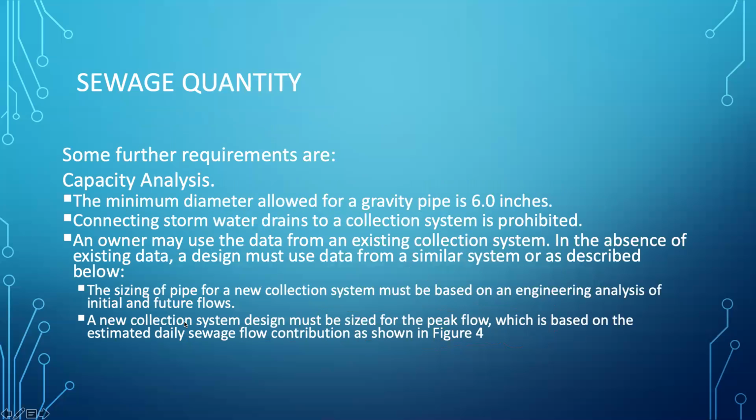Some further requirements are capacity analysis. In Texas, they've been nice enough to tell us what the minimum pipe size is, so we don't have to make a guess. So we start at 6 inches and work our way up. And 6 inches is undoubtedly selected, not just hydraulically, but that's the minimum size at which your average depleted fur teddy bear can be conveyed down a sewer to the treatment plant.